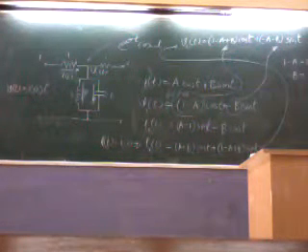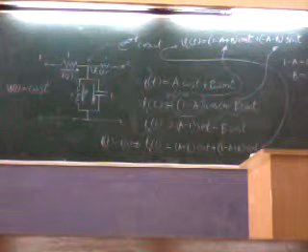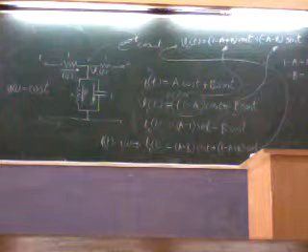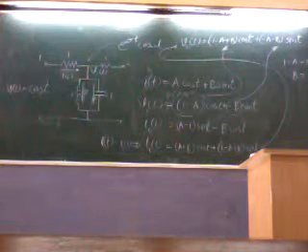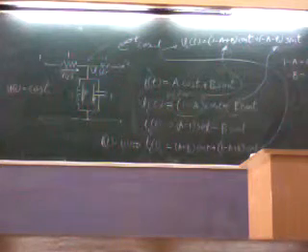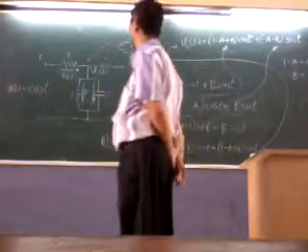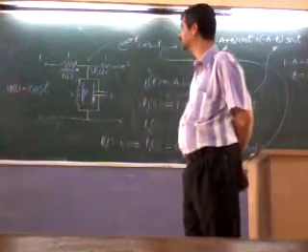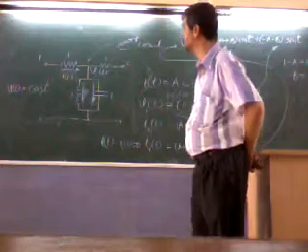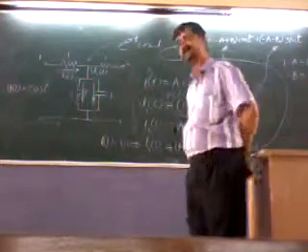Could you get the values? 0 and 0. B equal to 0, A equal to 0. So what happened? Current 0.